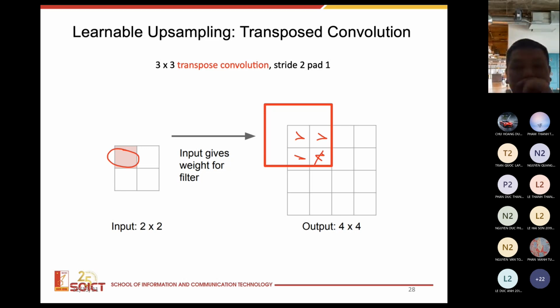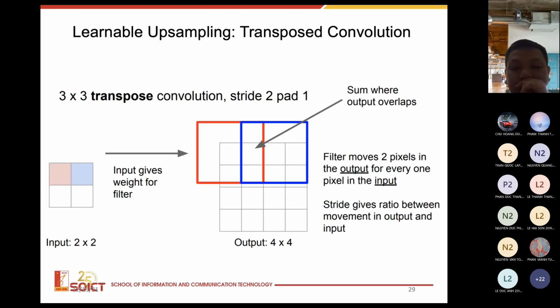Then when we move the transpose convolution filter, we use another input value as the weight for the filter, and multiply it with every element in the filter. For the parts that overlap, we sum the overlapping outputs.